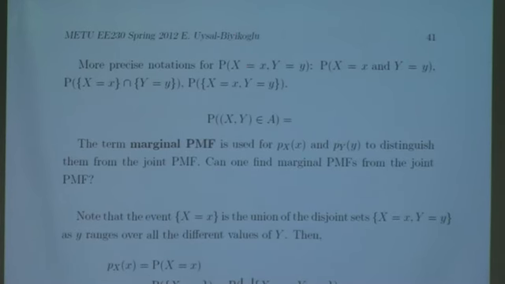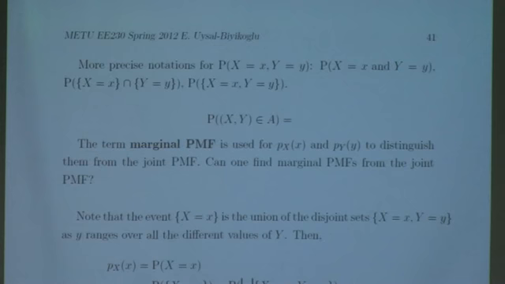Well, a special case for the set A is the set of ordered pairs in which x is at some fixed value, x1, and y is anything. If we compute the probability of that, we compute nothing but the probability that X takes the value x1.